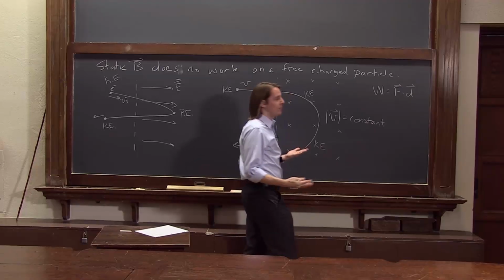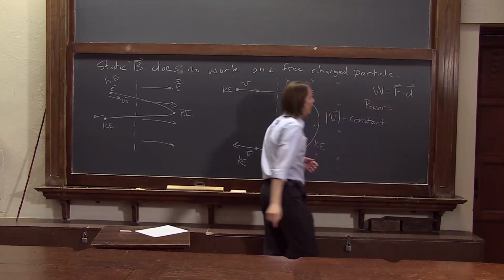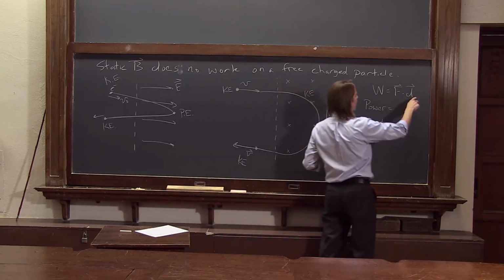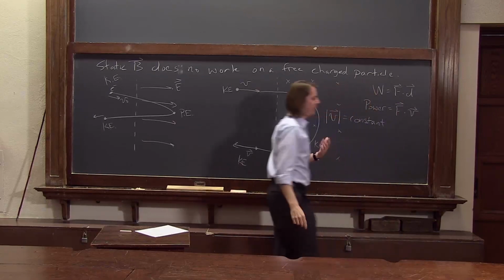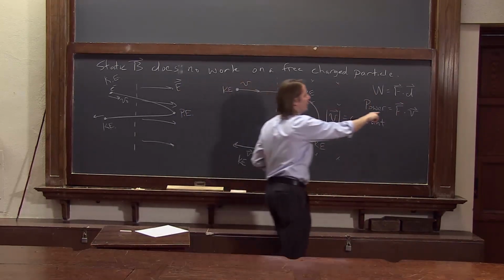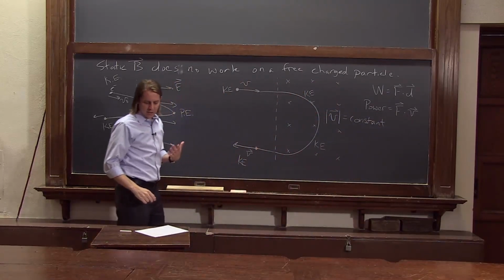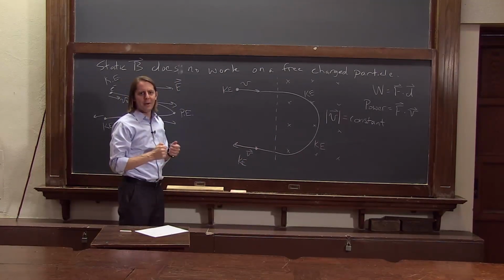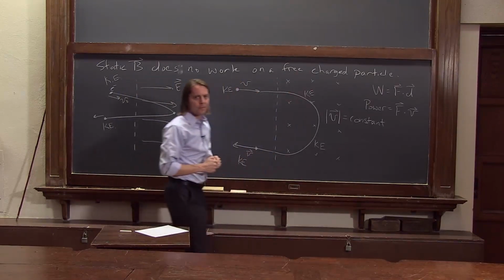If you want to see that a little bit differently, you could say that the power that the magnetic field is doing to the particle is F dot V, if you just wanted to see it in terms of the actual velocity. And we know that the force is always perpendicular to the velocity. So again, the power is zero. It can't do any work. So mathematically, and even in this thought experiment, the static magnetic field does not do any work on a free charged particle.